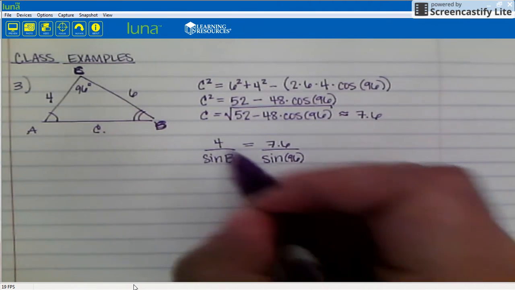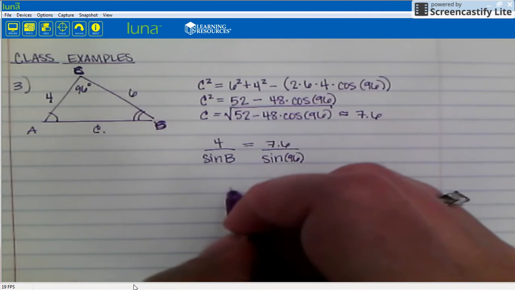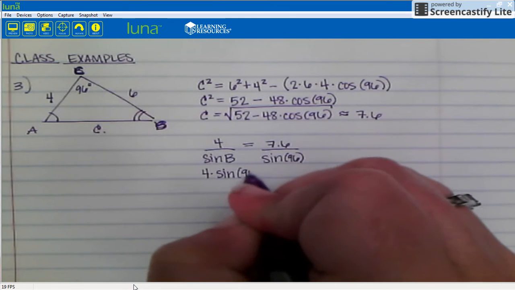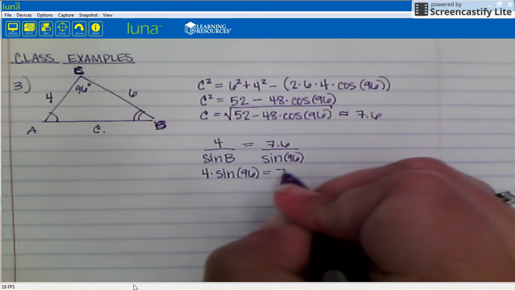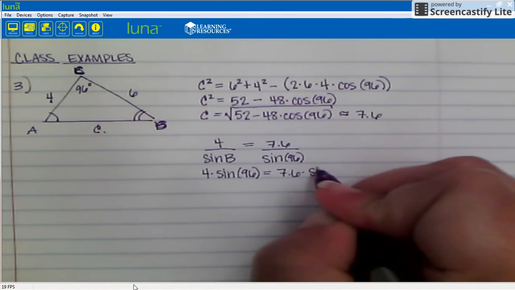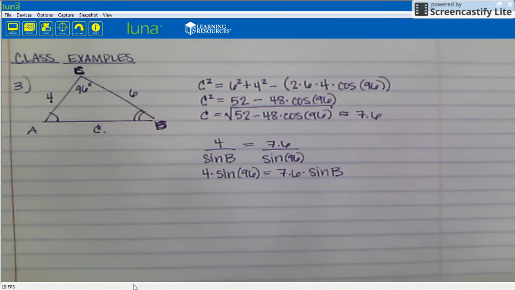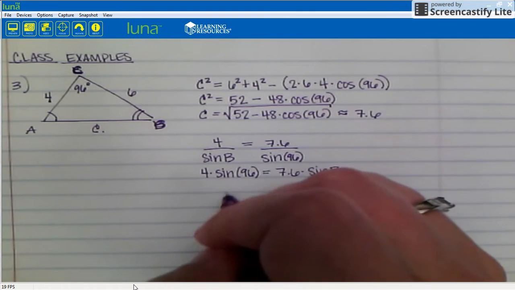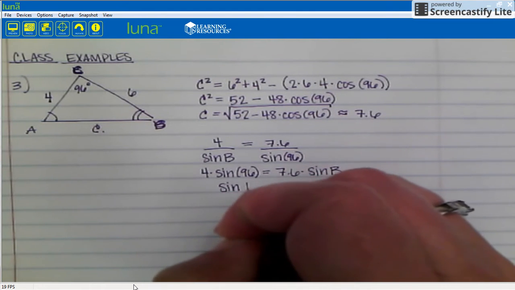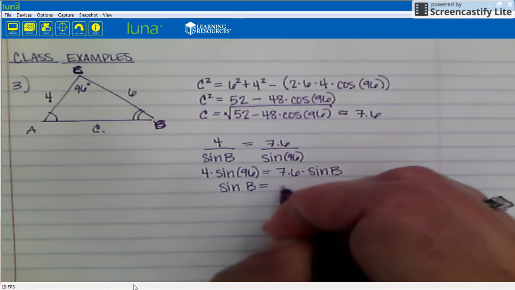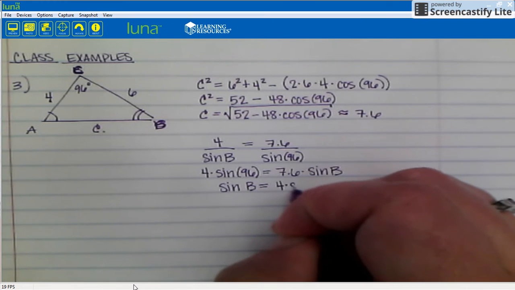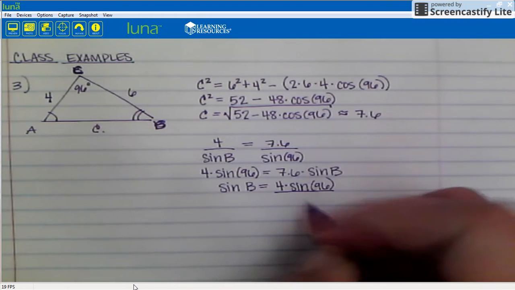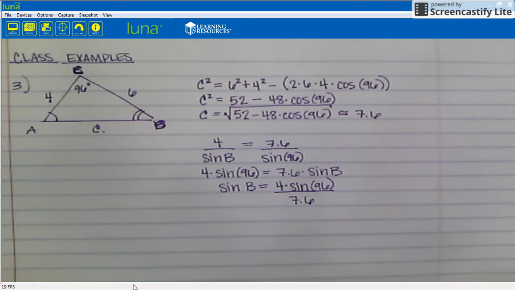And so from here, I'm going to cross multiply. I have 4 times the sine of 96 equals 7.6 times the sine of B. I'm going to divide both sides by 7.6. So right now I have the sine of B is equal to 4 times the sine of 96 divided by 7.6.